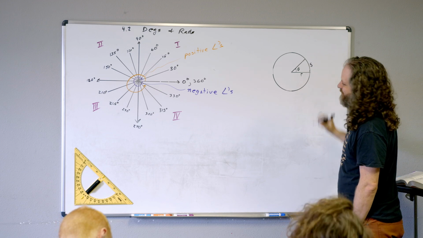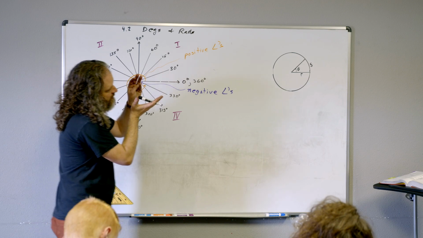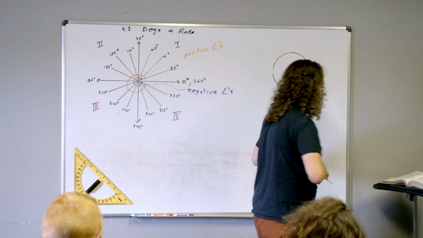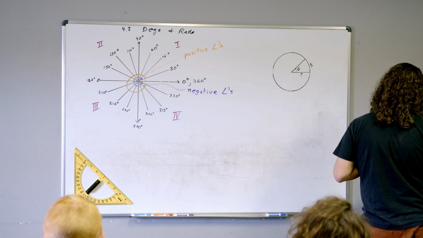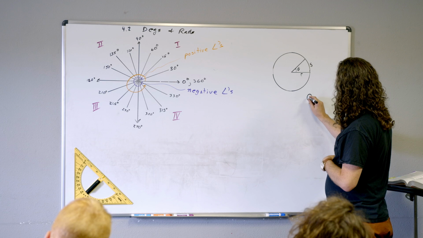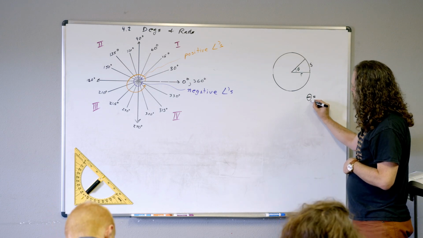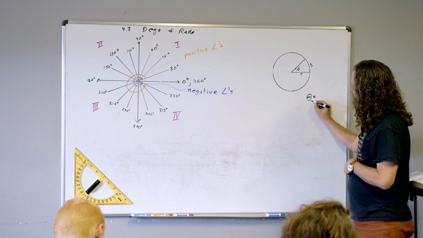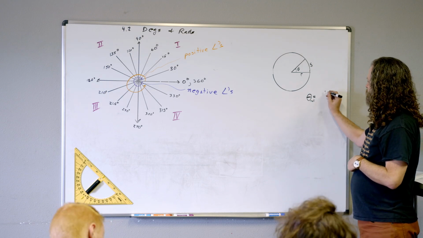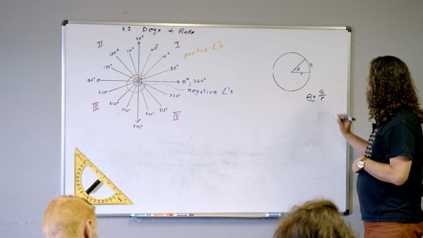And this is S. So that is the arc length that's cut right there. Nice. So in radians, the angle is defined as the ratio of the sector length to the radius. I'll put rad down here just for clarity.